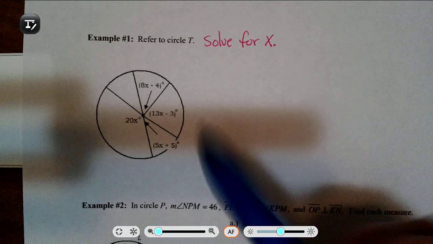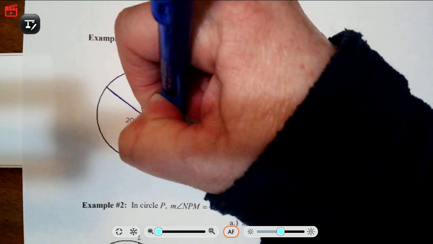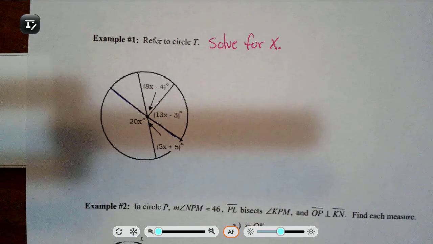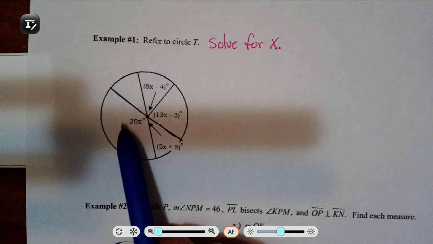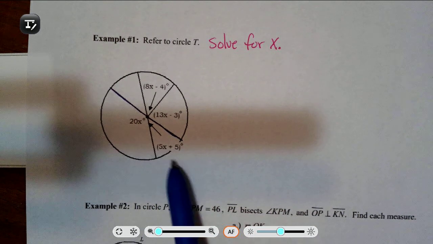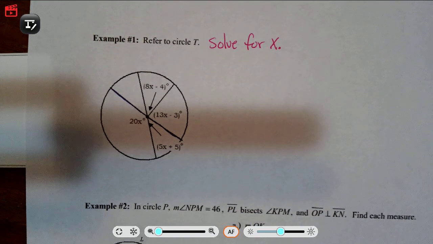If I take a look at, say, this diameter, we know that the diameter is going to cut the circle into 2 equal parts. So I can think about this: if this part here is 20x and this part here is 5x plus 5, then I can set that equal to 180.